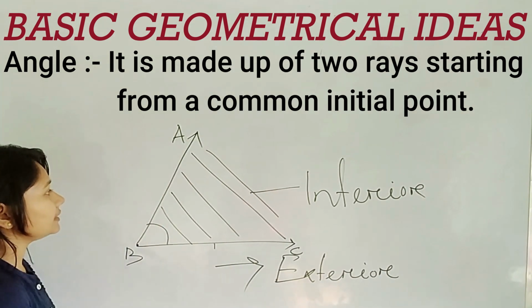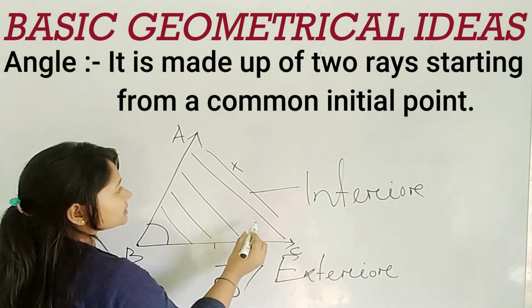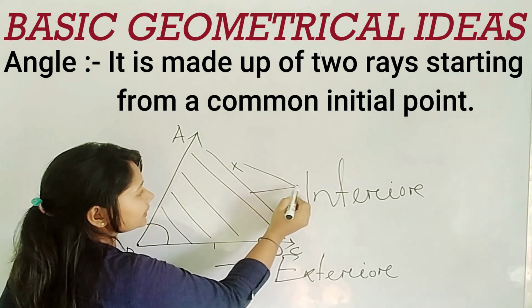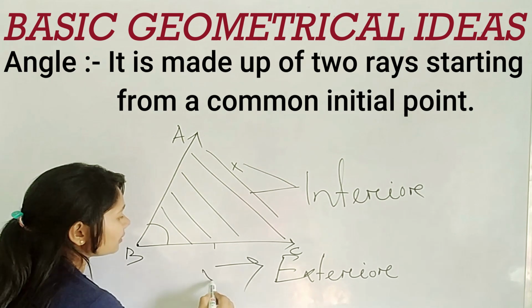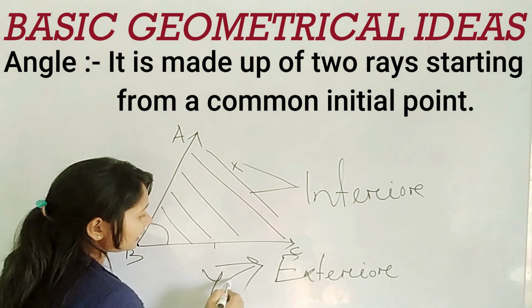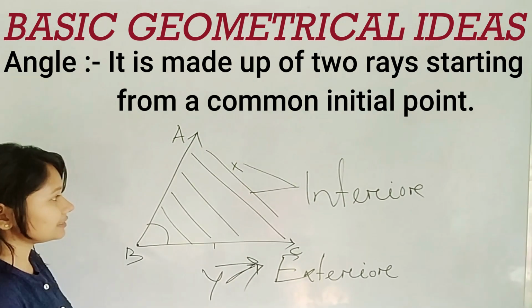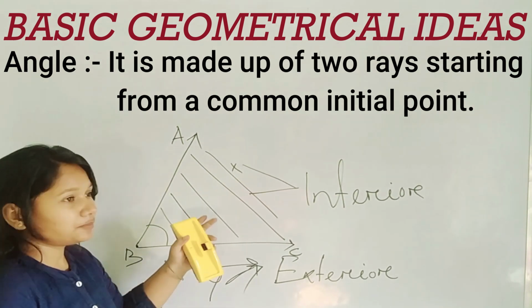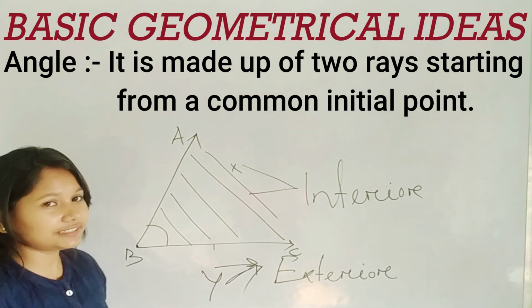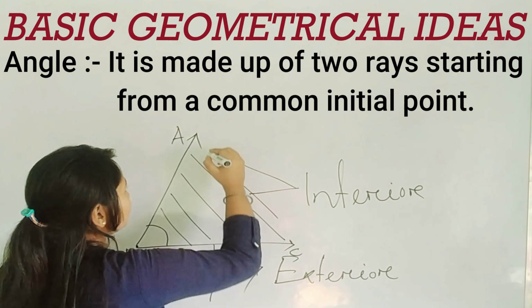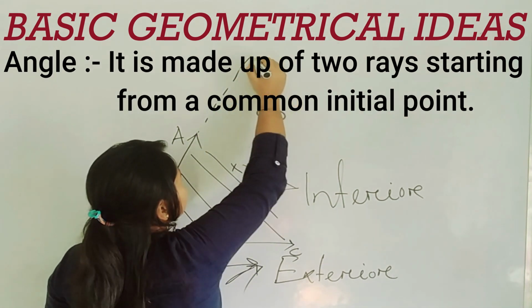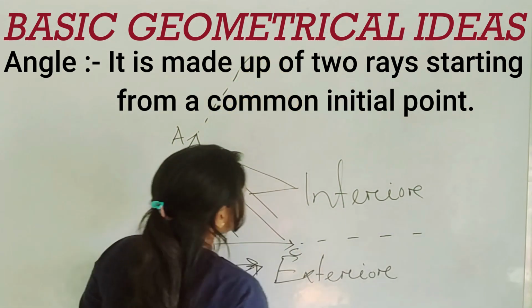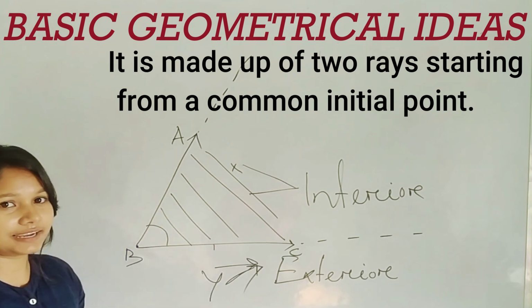So here the point X is an interior point, and the point Y is an exterior point. Right? But the interior portion is not restricted. Means if the two sides extend indefinitely, the portion extends indefinitely. Right?